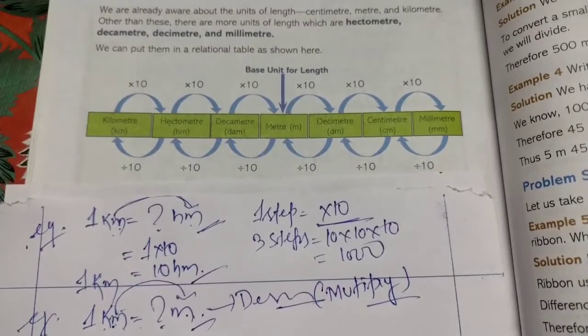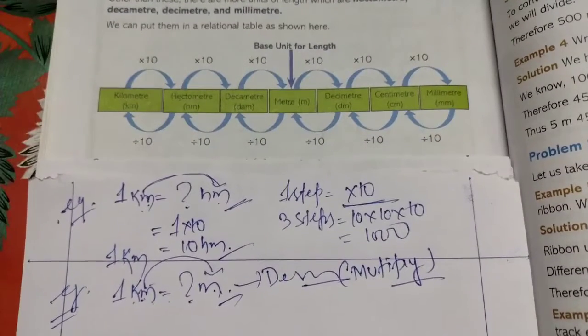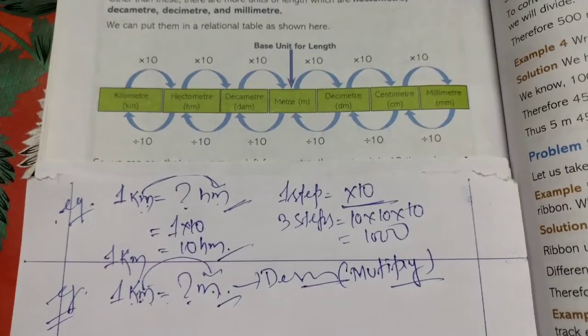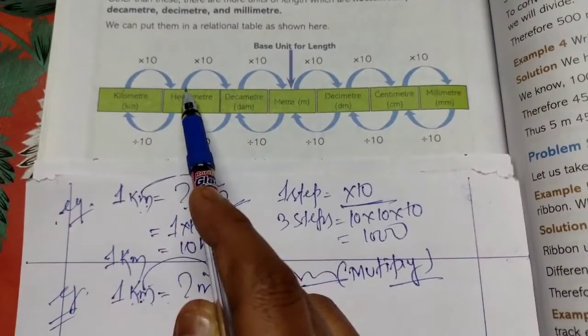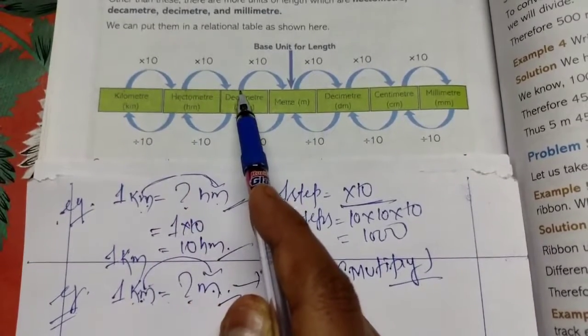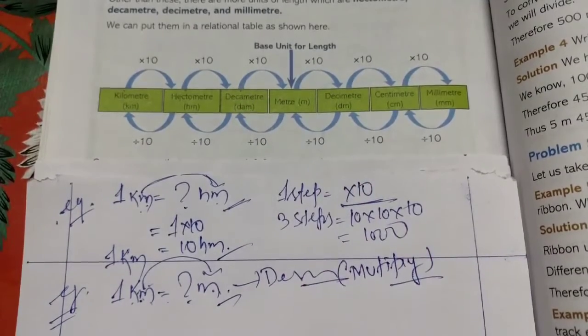Whenever I have been asked to do the multiplication, the next step you have to keep in mind is to count the total number of steps. How many steps do I have to jump? From kilo to hecto is 1 step, from hecto to deca is the second step, and from deca to meter is the third step.